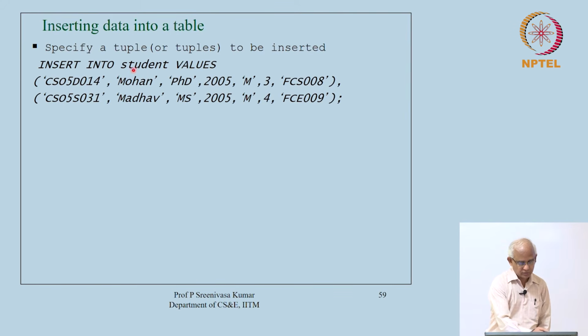So, there are SQL constructs for doing that. Insert into, and then the relation name, values is a keyword, and then you can supply comma separated tuples ending with a semicolon, so that all this data goes into that particular table.